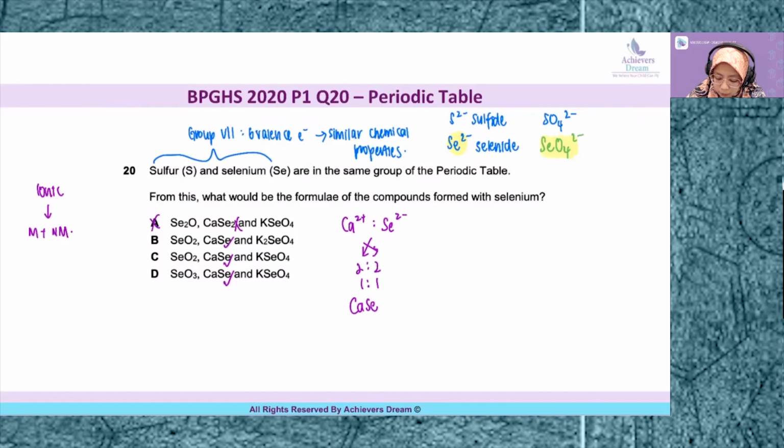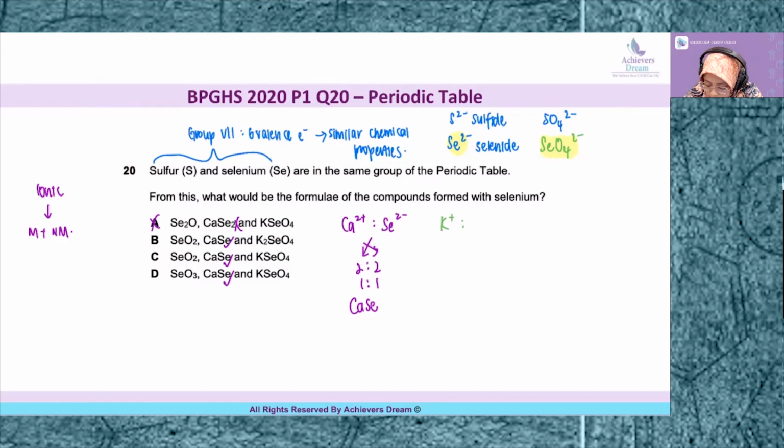What about potassium selenate? Potassium is a group 1 metal, an alkali metal, so it will lose 1 valence electron to form a cation with a charge of +1, K plus.